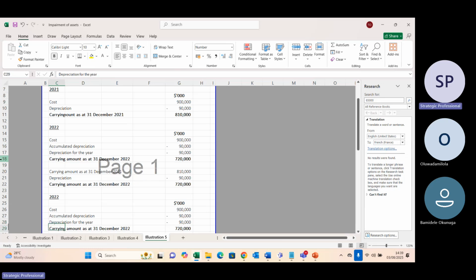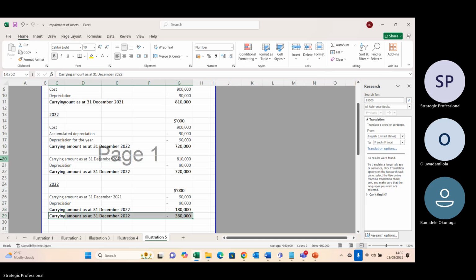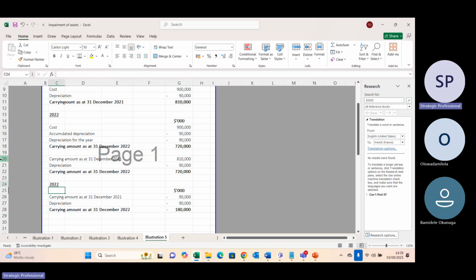Okay. So for 2023, let me use this second method. The closing balance of 2022 becomes the opening balance of 2023. You agree? So the carrying amount as at 31st December 2022 is 720,000. My depreciation is still 90,000 because I'm using the straight line method. So as at the end of the year, we get this figure. Then 2024.